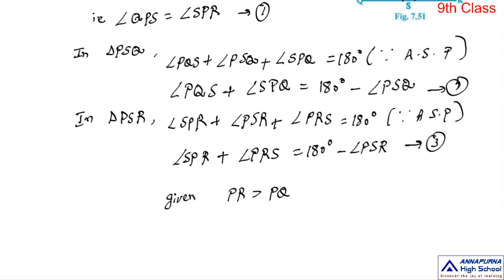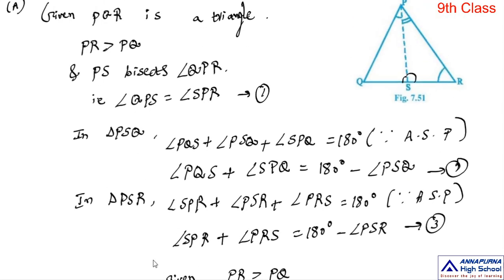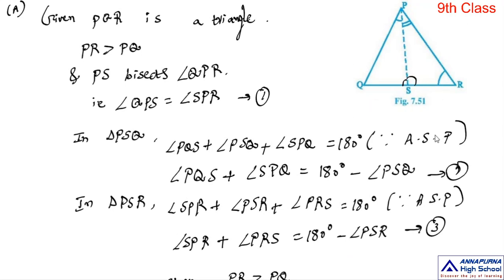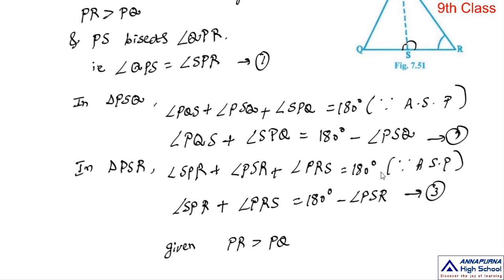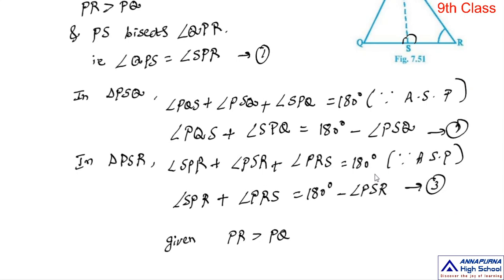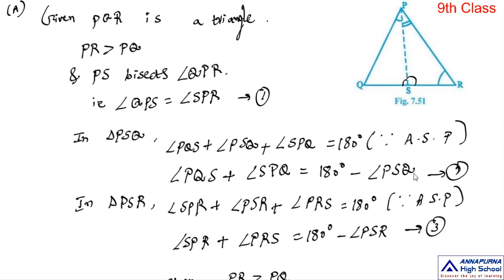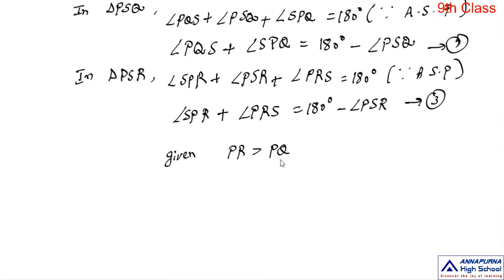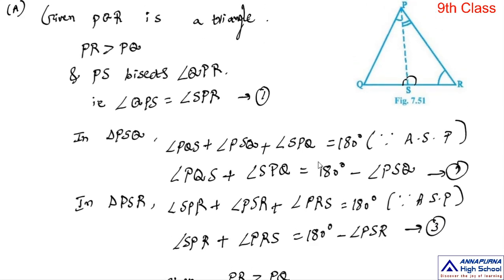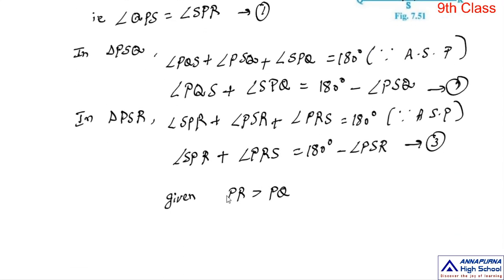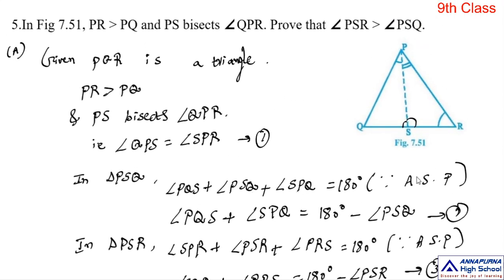By using one important property in triangle PQR: the angle opposite to the larger side is larger. So the angle opposite to the larger side PR is angle PQR.